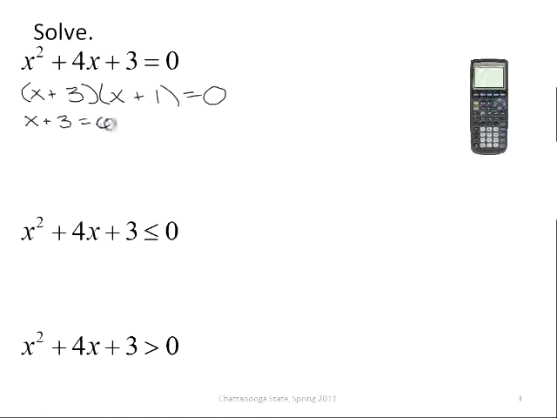So we set each factor equal to 0, and this gives us zeros of x equals -3 and x equals -1. These are what I call my boundary points. They are going to serve as separation points that are very important on the graph.